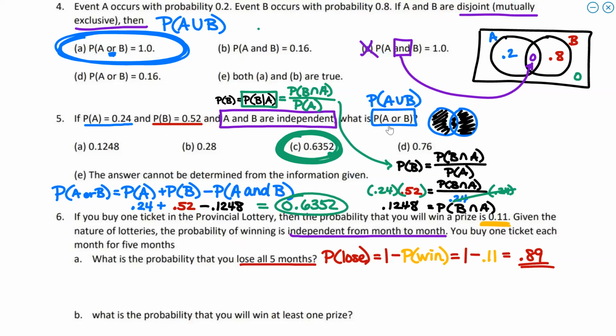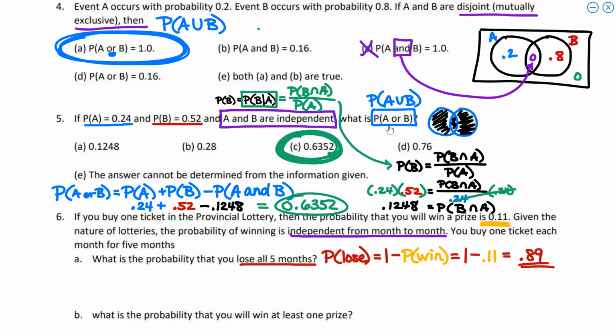What's the probability that I lose again the next month? 0.89. Does it matter whether I won the month before or not? What's the probability that I lose the month after that? 0.89. Month after that? 0.89.